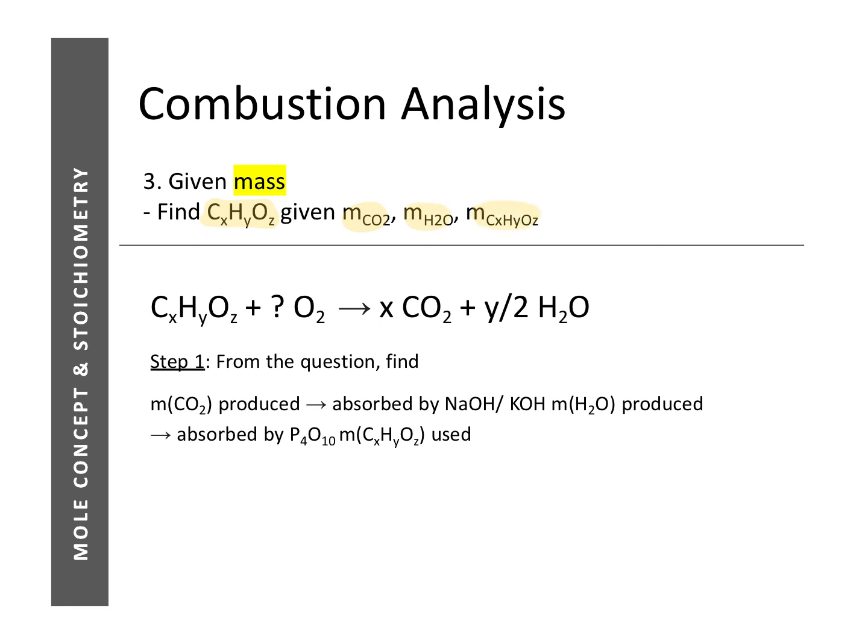So step number one, from the question, we need to figure out the numerical value of your carbon dioxide, your water, and also your organic compound. Sometimes it's given directly in the question, sometimes indirectly. For example, they tell you that when the product gases are passed into sodium hydroxide or potassium hydroxide, there's an increase in mass of a certain value.